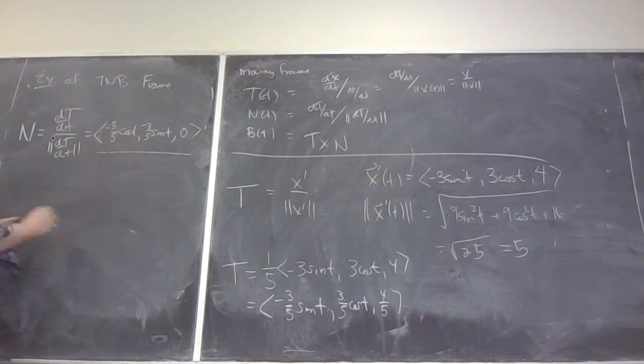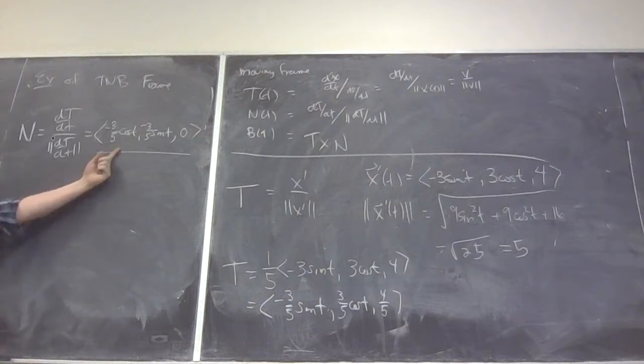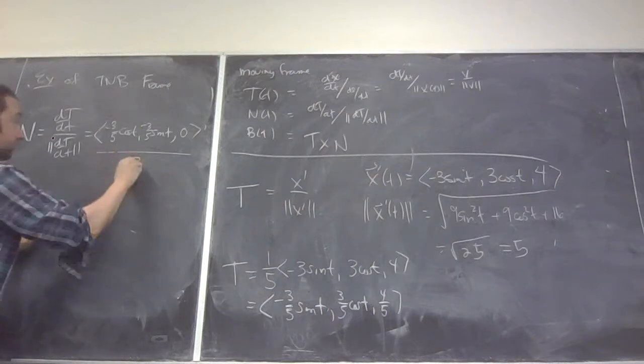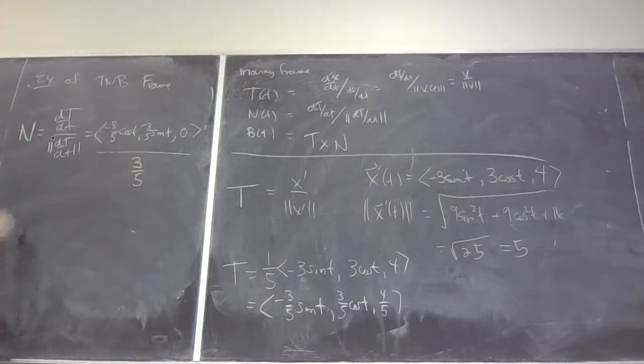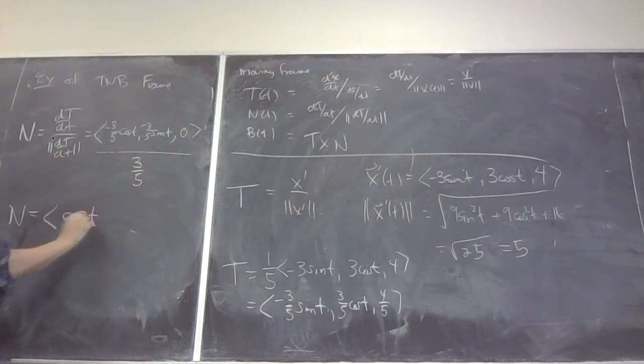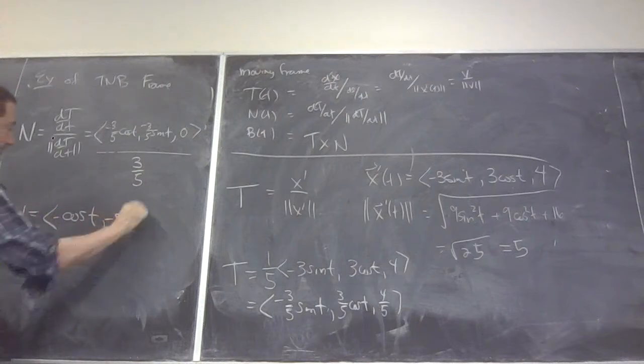The reason is that this has length 1, and so you can pull out the 3/5 here. The reason you don't pull out the negative is because when you take the length, you would apply absolute value to that, which would turn into a positive 3/5. And so N is equal to minus cosine t, minus the sine t, 0.